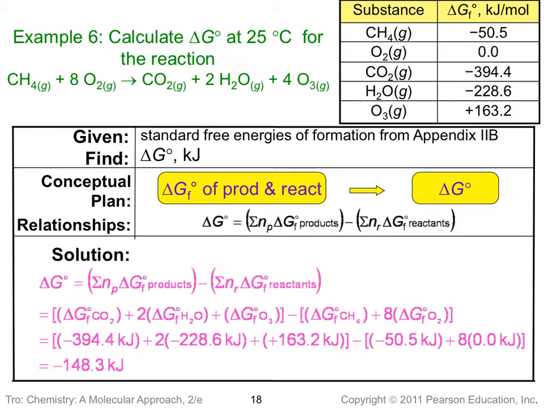So here's an example. The reaction is given, and you can look up all of these substances in that table. So these are the substances I'm talking about. You look them up in that table, and you plug them in. Don't forget an 8 there, even though it's not going to change things. You got a 4 there, you got a 2 there. These are just 1, and so they go straight in.